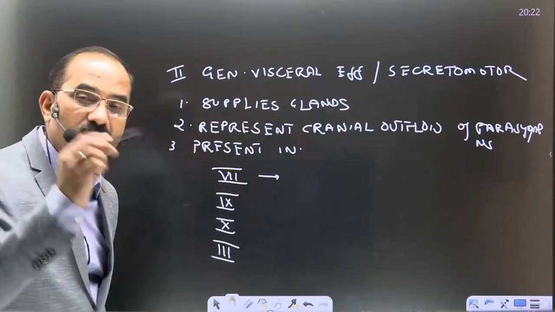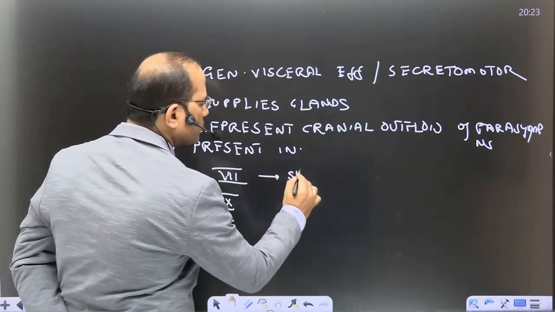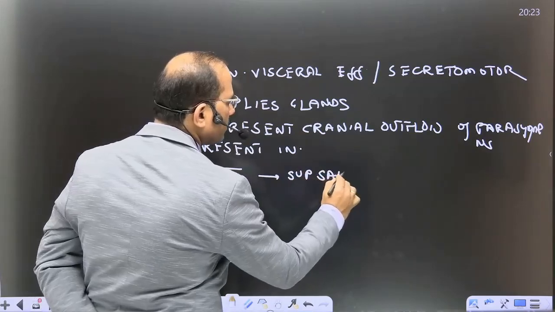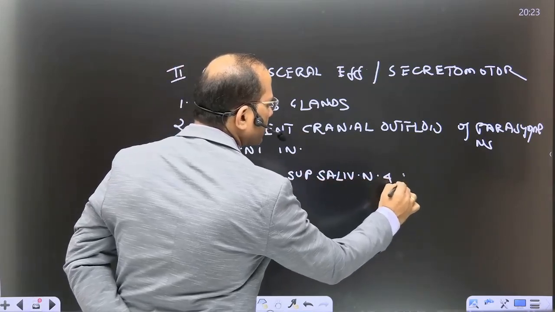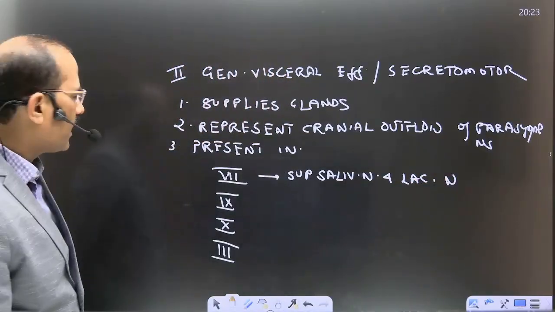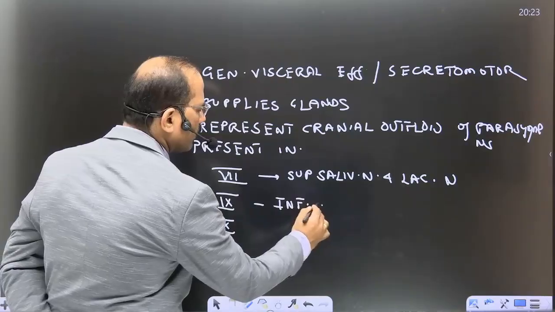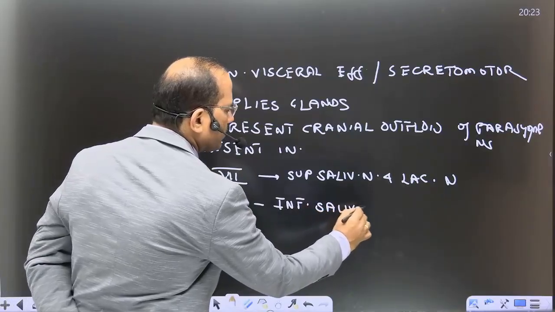And what is the name of the nucleus of the 7th nerve to supply all the glands? That's the superior salivatory nucleus and lacrimatory nucleus. Name of the nucleus of 9th nerve is inferior salivatory nucleus.